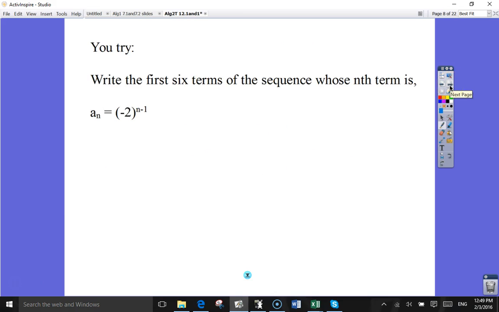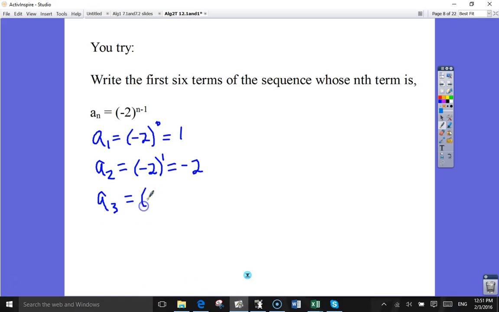So try to write the first 6 terms of that sequence. -2 to the n minus 1. So notice the pattern, right?